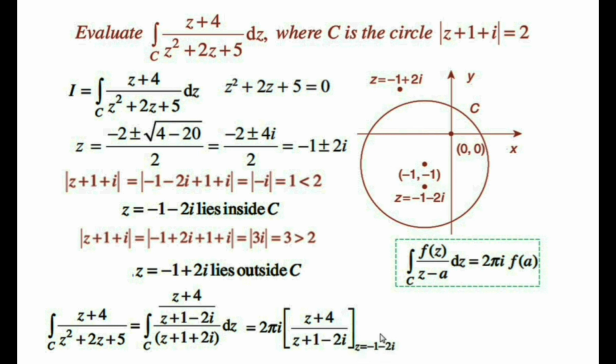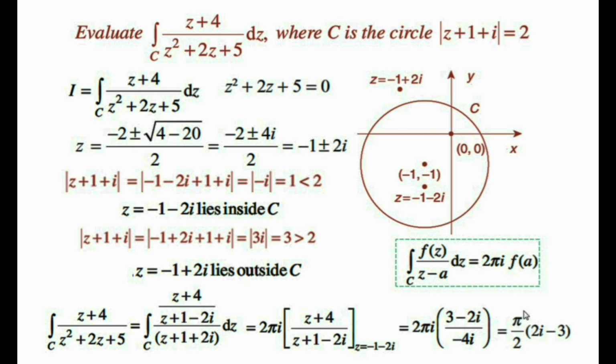So we evaluate the function value at this singular point. We have 2 pi i times, with z replaced by -1 minus 2i. We obtain this expression. On simplification, we have 2 pi i times (4 minus 1 minus 2i) with -1 and positive 1 cancelled. In the denominator we have -4i.